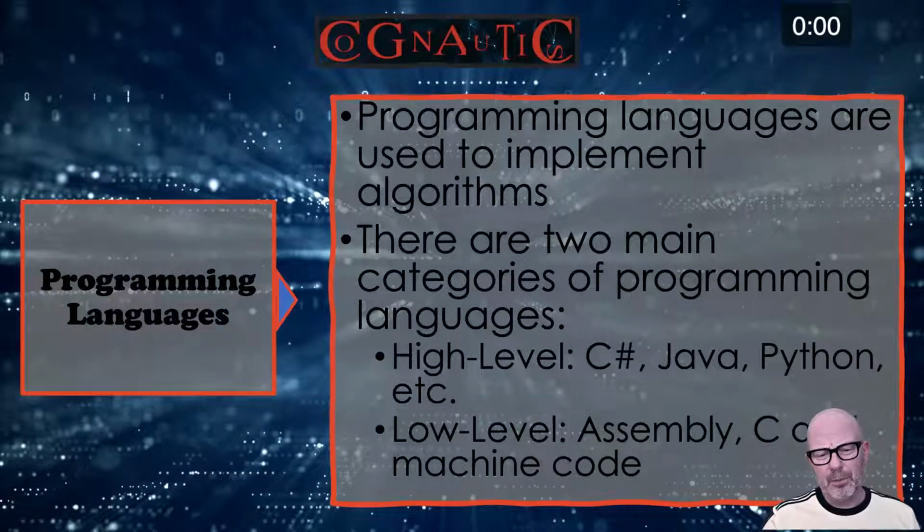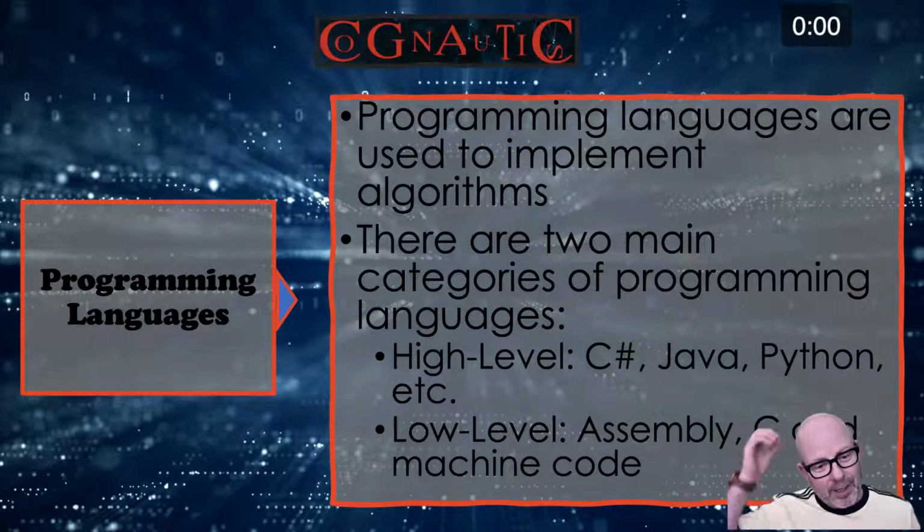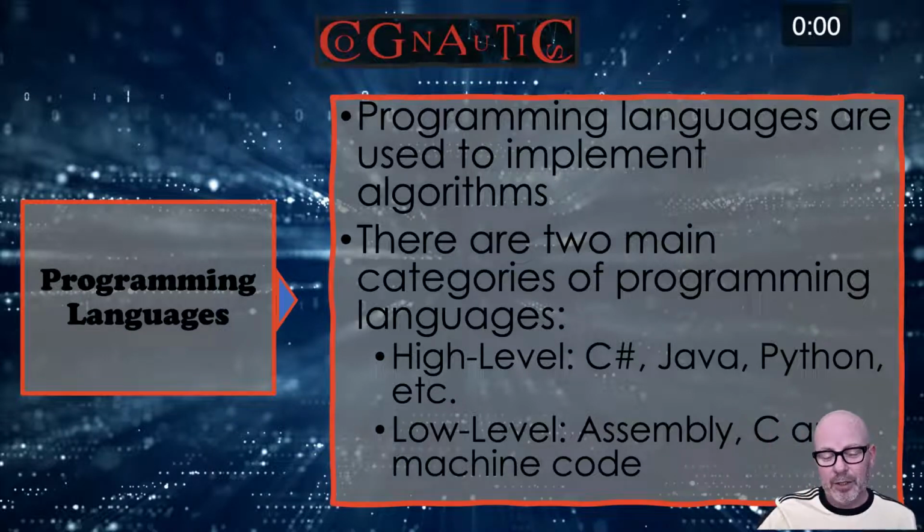So first of all, stepping back even one step further, programming languages are used to implement algorithms. You would write an algorithm, and the programming language is the tool which enables you to bring that algorithm to life, if you like.